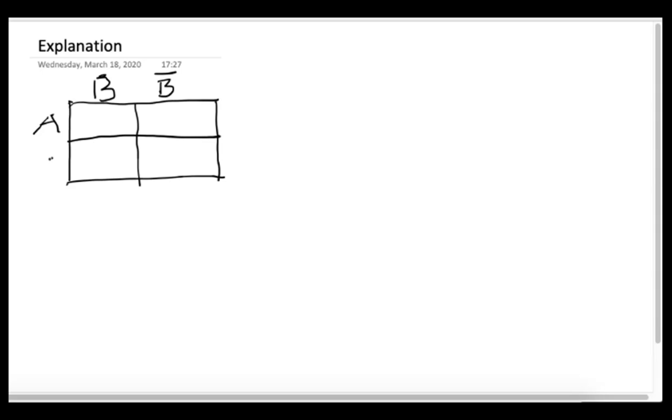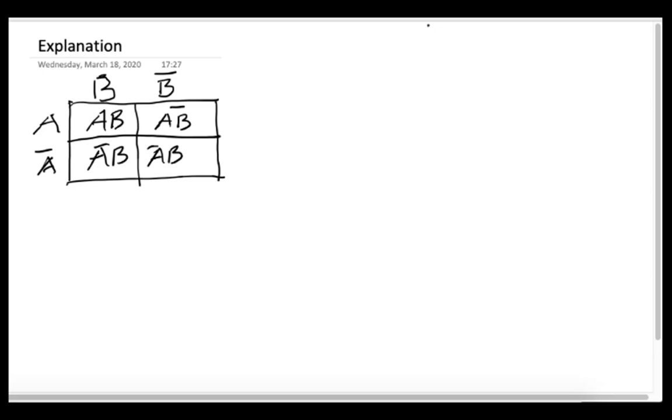So you get A bar here. Okay, so this part will be A B, and this will be A B bar. All right, this cell is in fact the intersection of A bar and B, and this is going to be A bar and B bar.